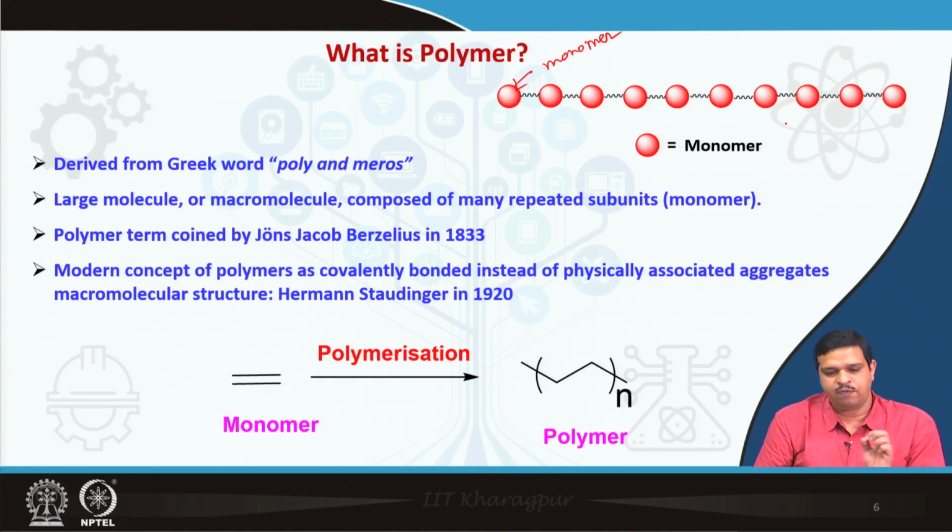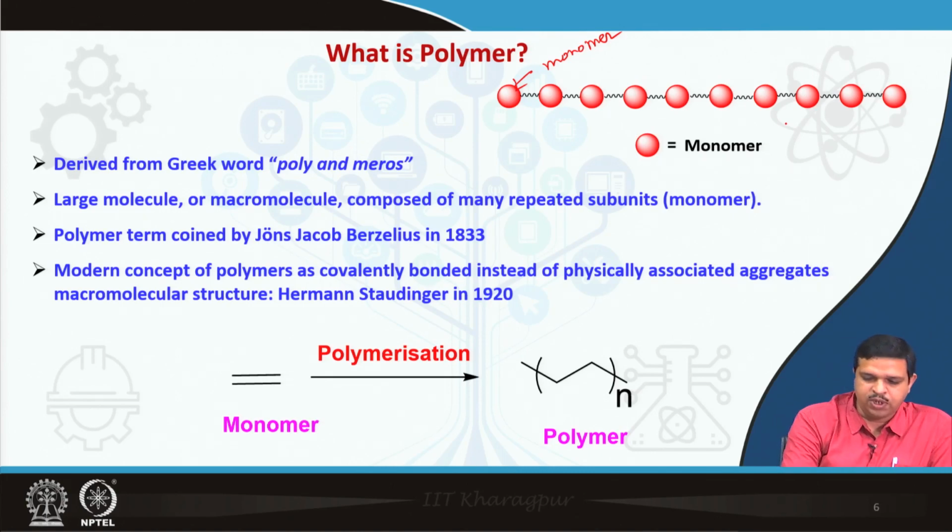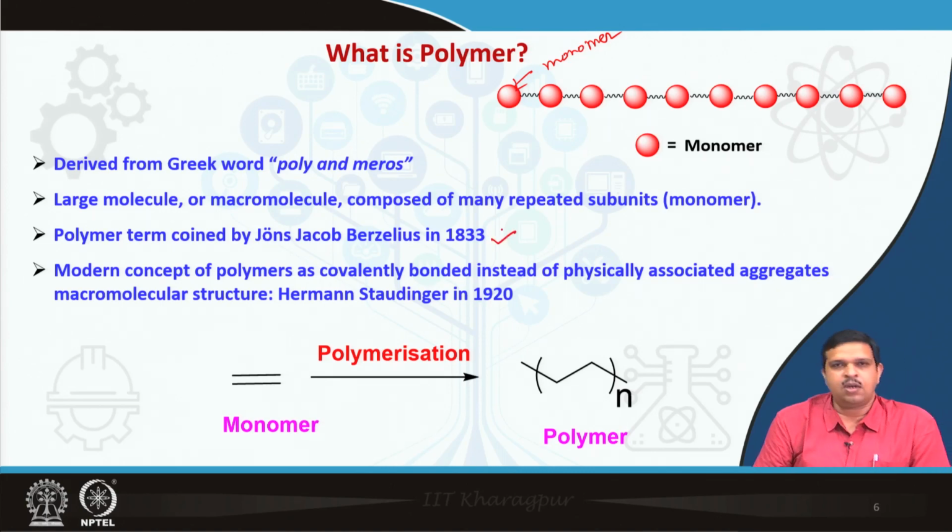First, what is the meaning of the word polymer? Polymer is derived from two Greek words, poly and meros. Poly means many and meros means repeating units. That is how the name polymer came, and the first reported polymer was in 1833.